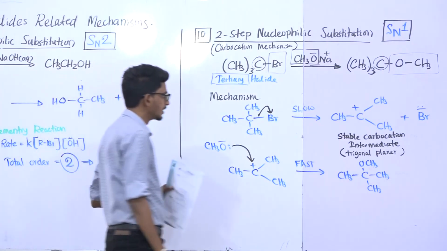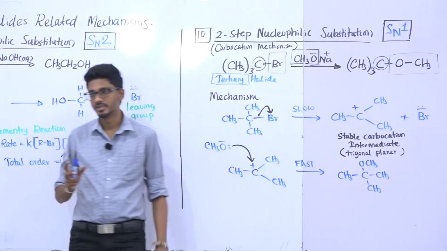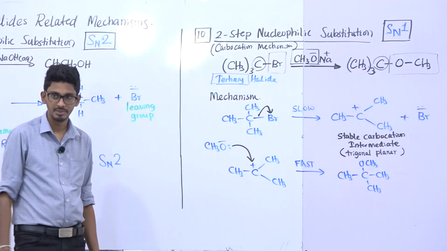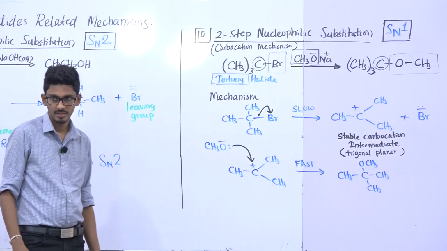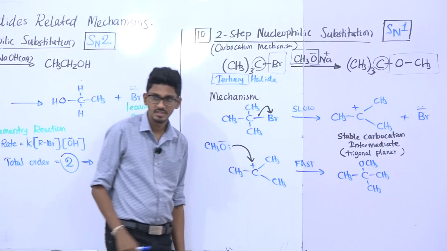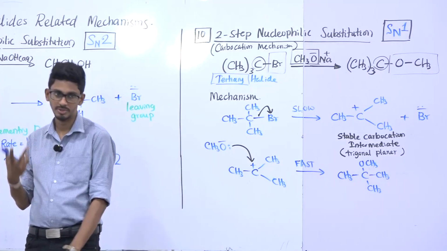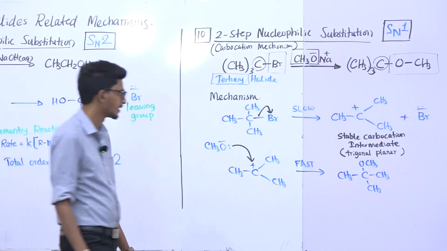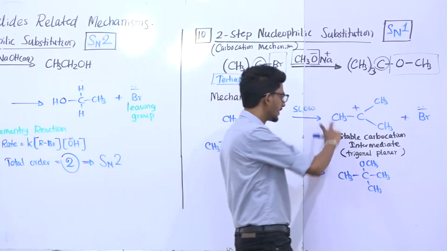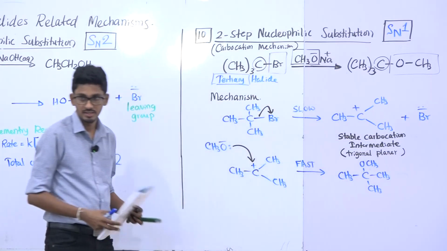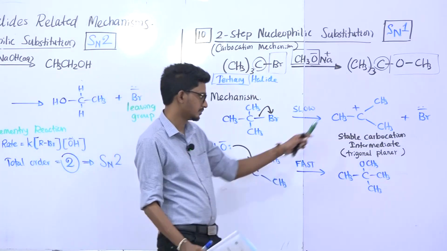Always, with mechanisms involving carbocations, forming the carbocation is going to be the slow step, the rate determining step. Because the carbocations are not stable. Even though we consider tertiary carbocations more stable than primary and secondary, as a whole the carbocations are a bit unstable.